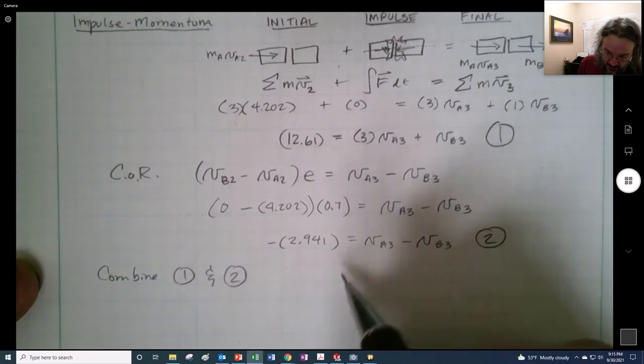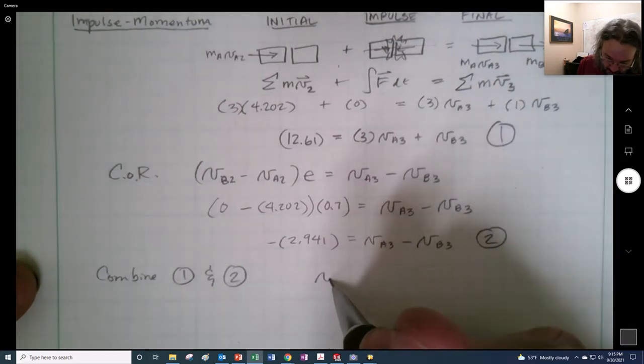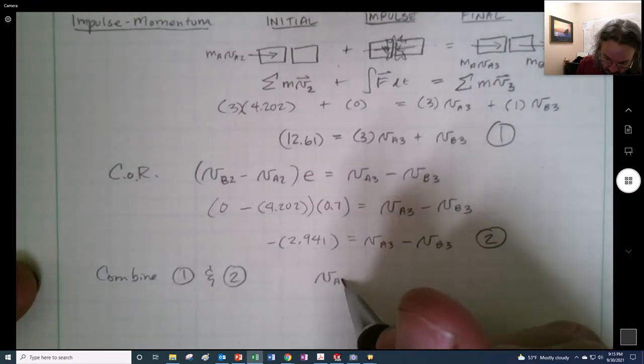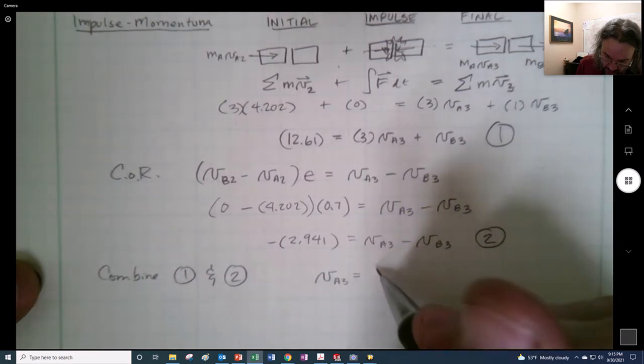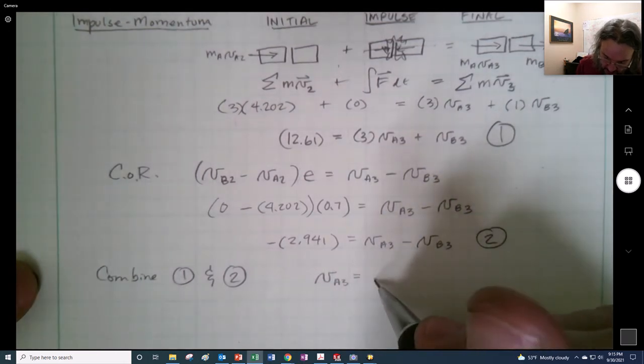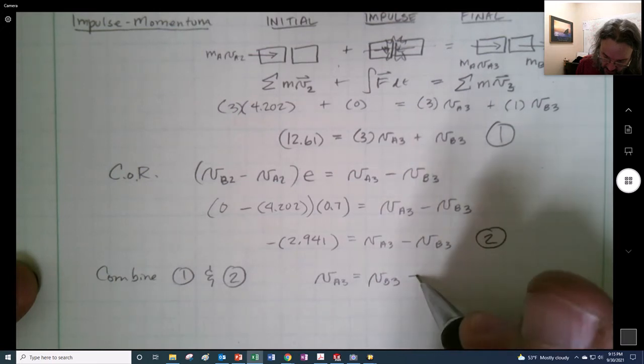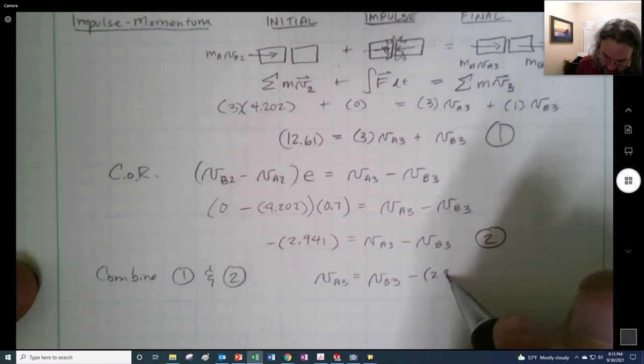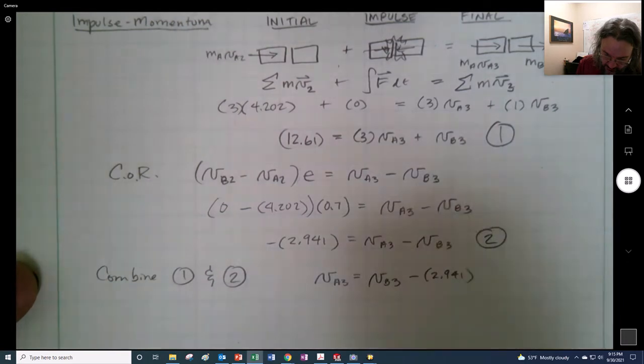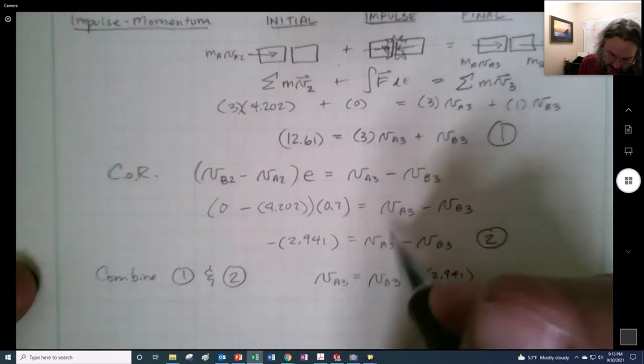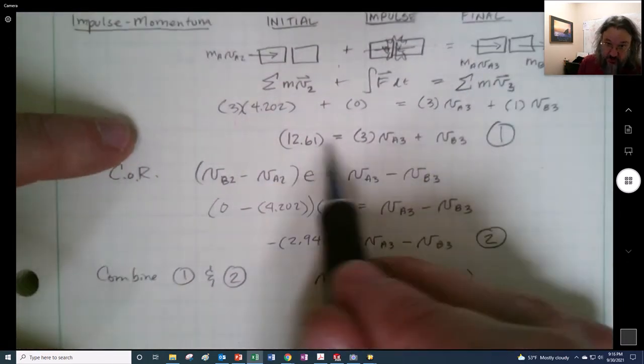So I'm going to solve this one in terms of A. So that comes out VB3 minus 2.941. Did that right? Yeah. And so put that back up into 1.